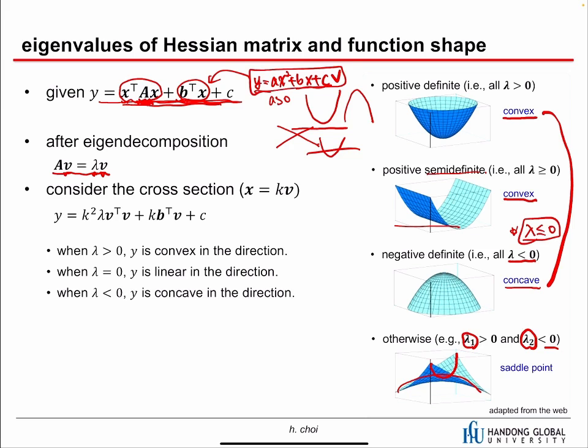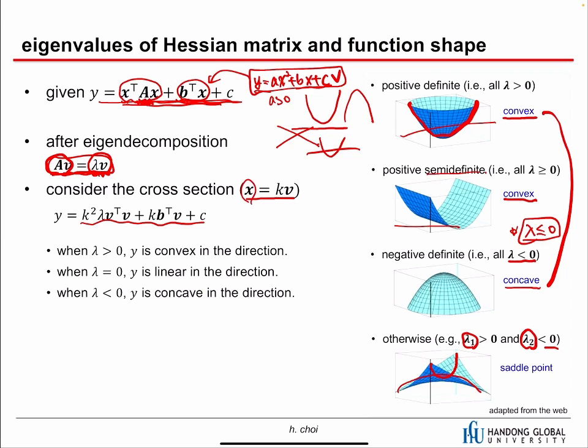So let's start from this eigen decomposition. After this eigen decomposition, we can replace this term with this. And then x is actually k times v, which means when we have one function in the two-dimensional space, x means we are interested in specific directions.